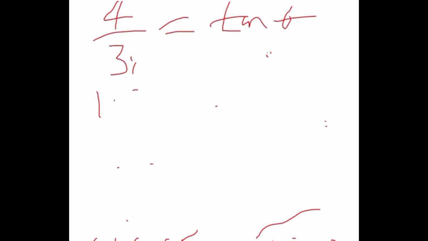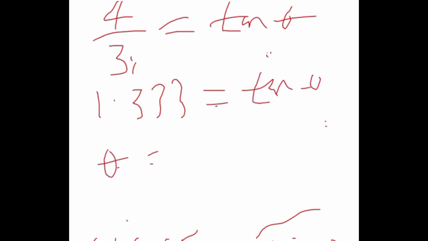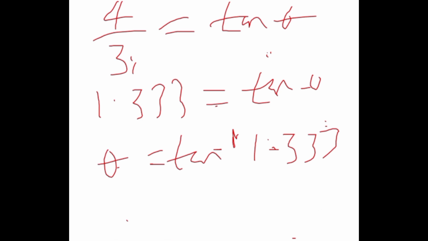And this is 1.333 is equal to tan theta. Then theta will be tan inverse of 1.33. So let's take the tan inverse of 1.33, so that theta will be 53 degrees.